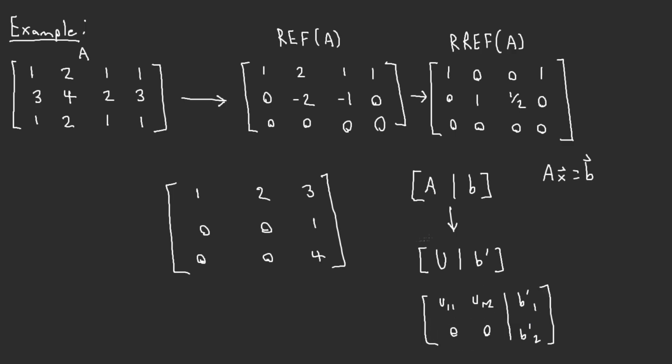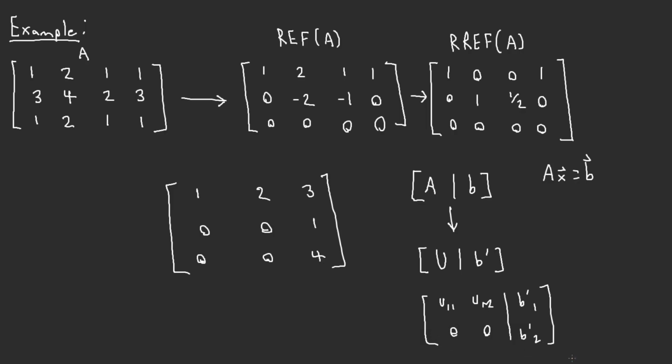And so there are infinitely many solutions to that. Or this b prime 2 is going to be some value other than 0, and then this statement tells us that 0 equals b prime 2, which will be a contradiction if b prime 2 is not 0.